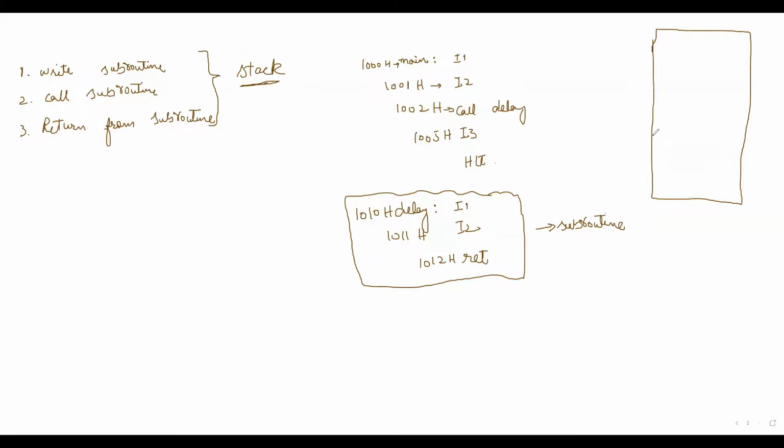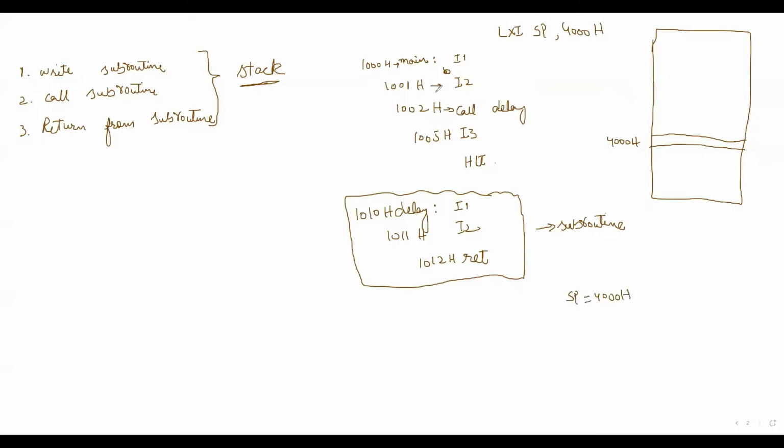We have to initialize a stack pointer. So let's say the stack pointer is 4000H. So in the main program, since I am using call subroutines, I will initialize it somewhere here. For initializing, I will write LXI SP 4000. So my stack pointer contains 4000.